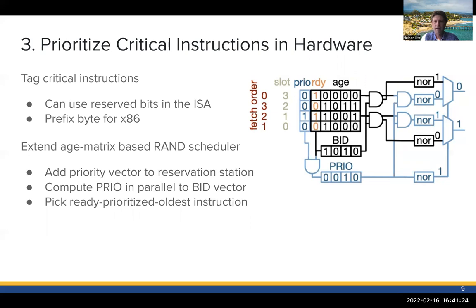We combine this information to implement a ready, first prioritized, then oldest instruction policy, which ensures that high priority instructions are issued into the pipeline first. And if there are no longer any prioritized instructions in the reservation station, we will issue according to the age of the instructions.